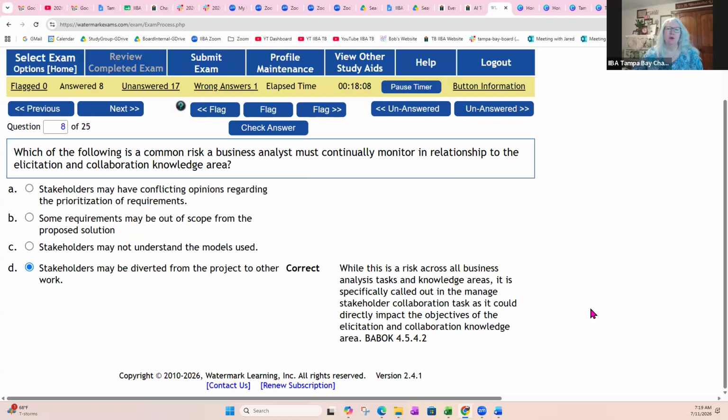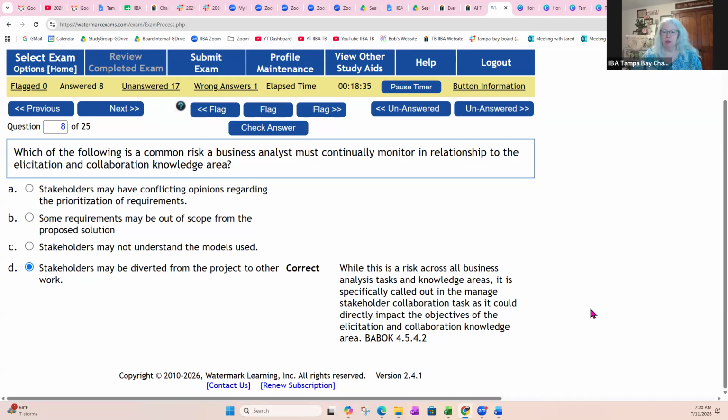While this is a risk across all business analysis tasks and knowledge areas, it's specifically called out in the manage stakeholder collaboration task as it could directly impact the objectives of the elicitation and collaboration knowledge area. The BABOK calls this out and it says if people stop being so quick to respond to emails, if they stop showing up at meetings, this is probably what you might be facing.